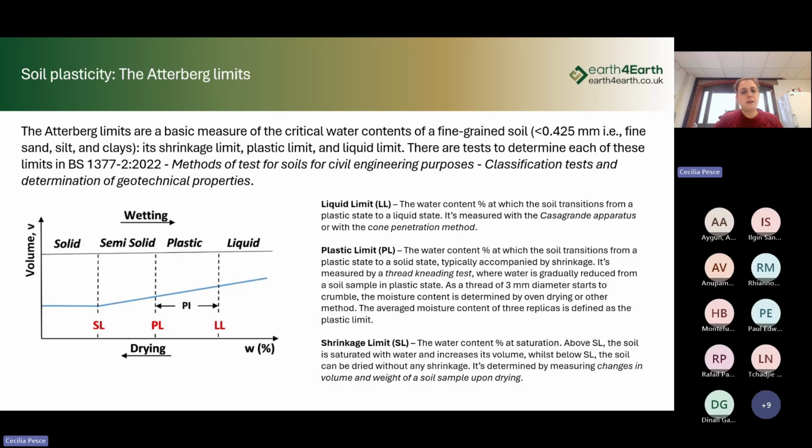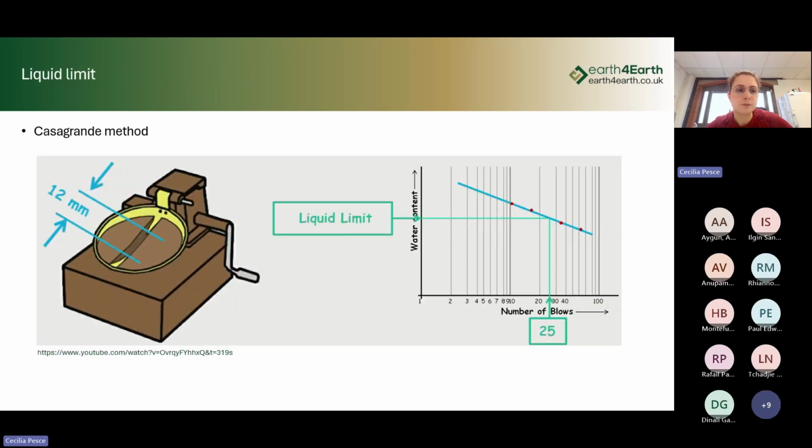To identify these limits, which means at which water content the soil will have which behavior, there is a series of tests. Now we will have a very quick overview of these tests, but there is much more content and sources that I can give at the end to read more in detail about these tests.